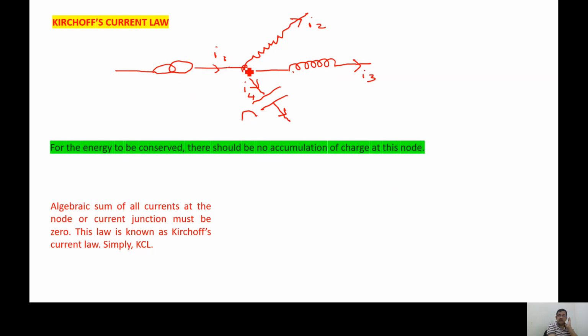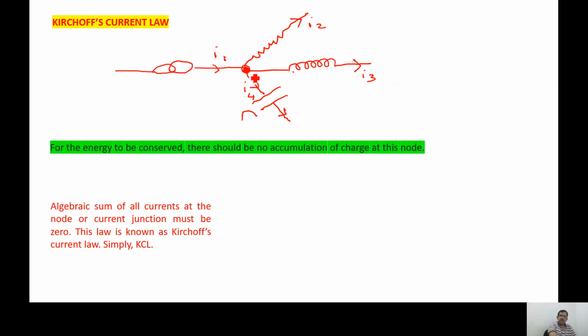Having said this, as I told you, there should not be any accumulation of charges. So it is like continuity of the charges that is flowing. Whatever charges are coming into the junction, that flows through the three elements. There is no accumulation of any charge over here. So this is how the energy is conserved.